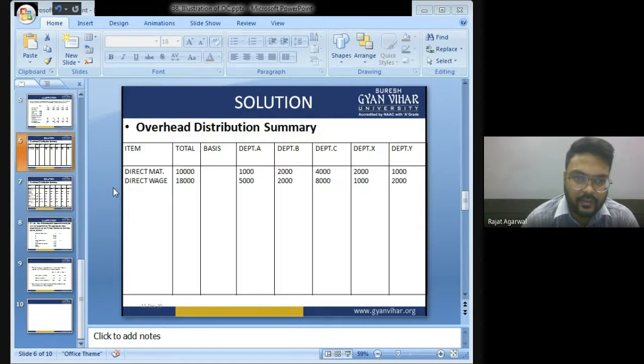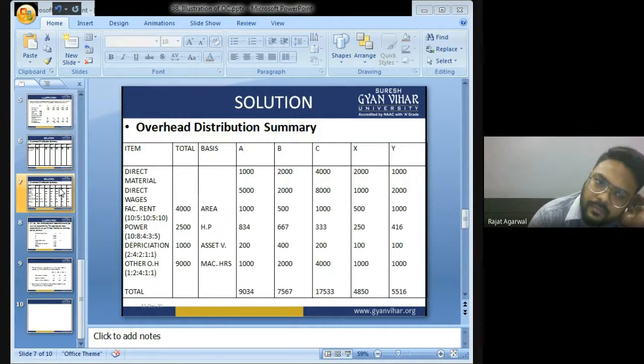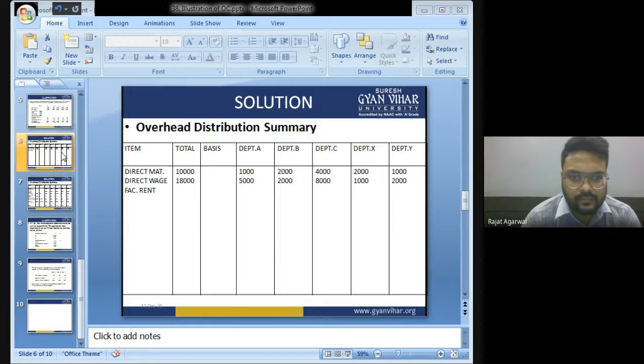Factory rent. Now total of factory rent is given.